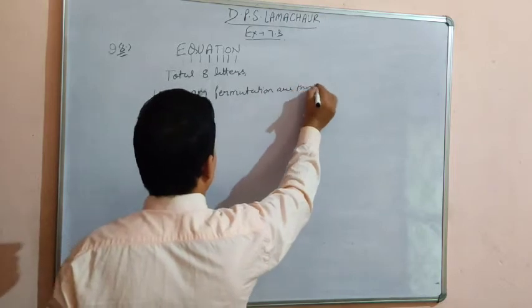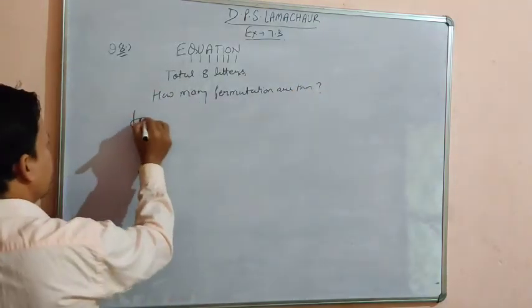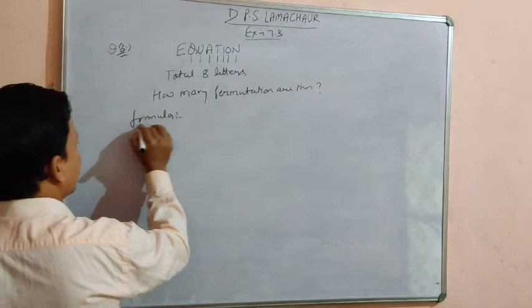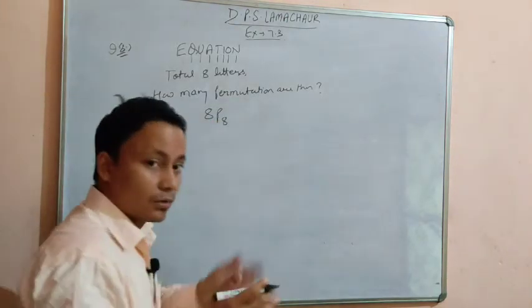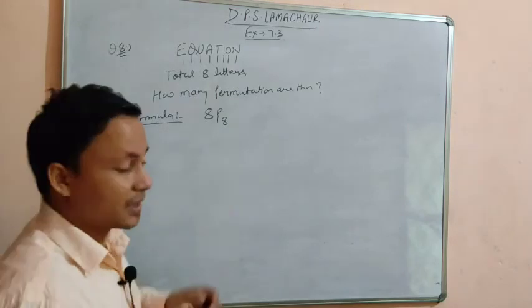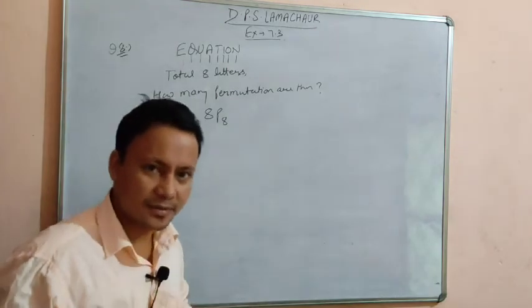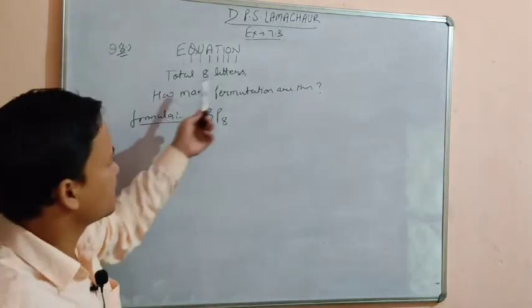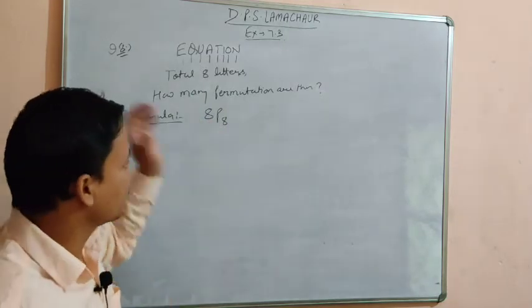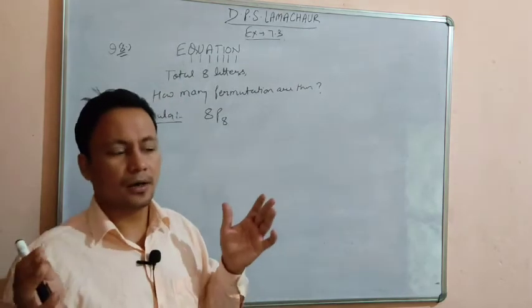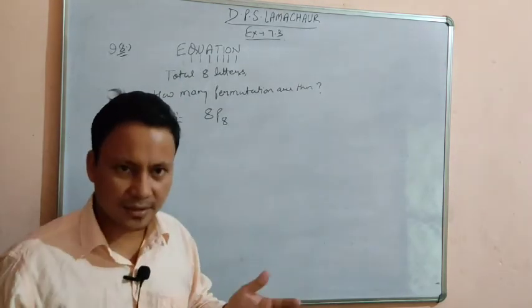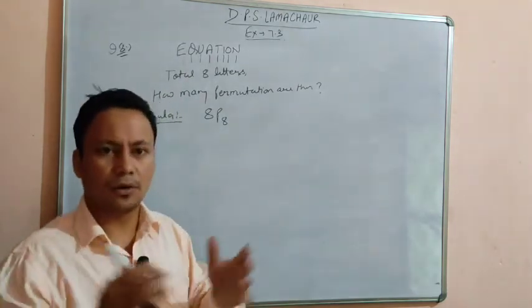First, with the formula: we have 8 objects and we are taking all 8. Okay, we have 8 options and we are taking all 8 elements to find the number of permutations. I told you in the definition of permutation: what is permutation? It is nothing but the arrangement of letters or words or objects in a definite pattern using some or all at a time.